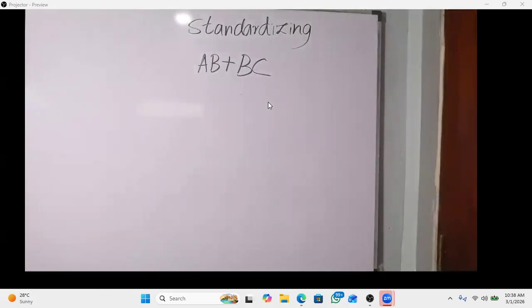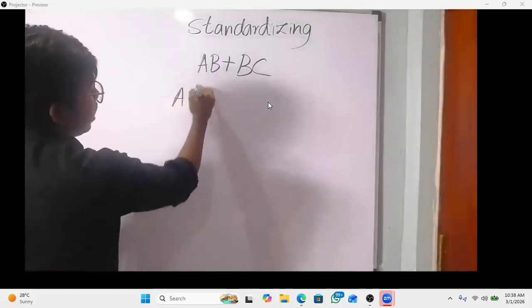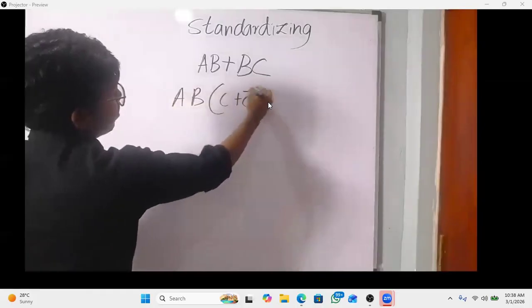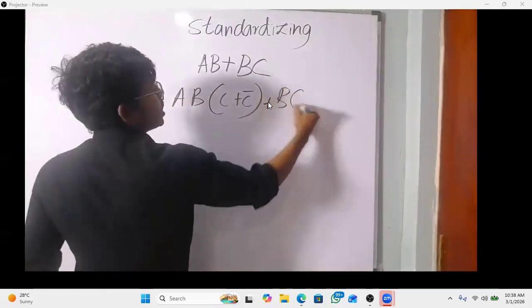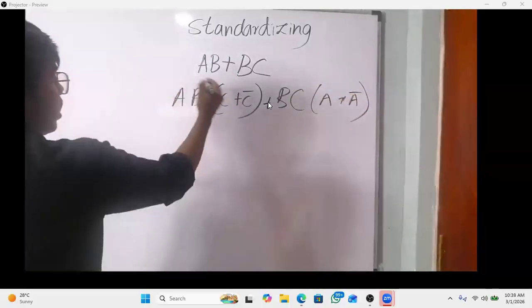Correct. Correct. You already knew the method. Let's try it quickly. What we can do, you can add C here. A, B, you can add C plus C bar. It doesn't take much time. B, C, you can add A plus A bar. So you can multiply directly.